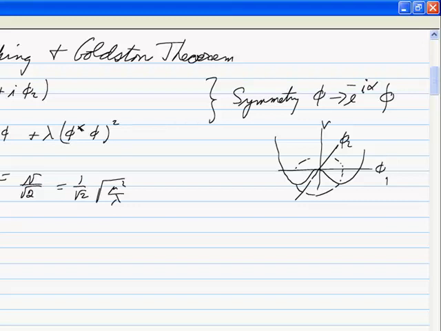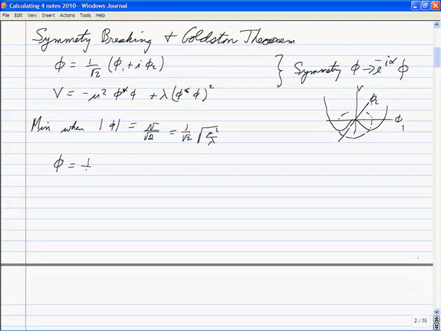If I imagine expanding around that point, so now this complex phi is 1 over the square root of 2 times v plus phi 1 twiddle plus i phi 2.